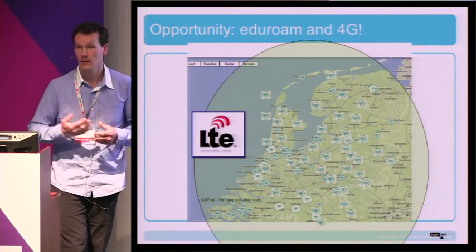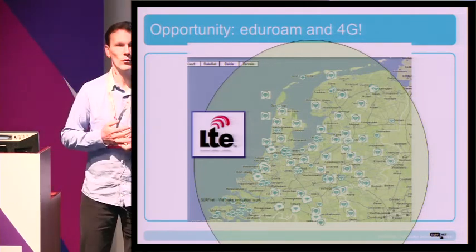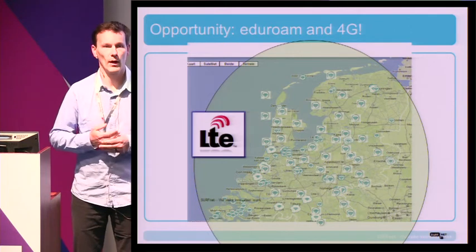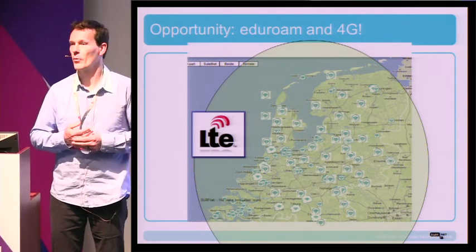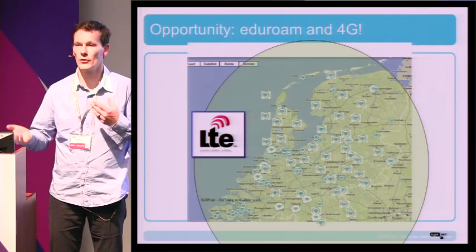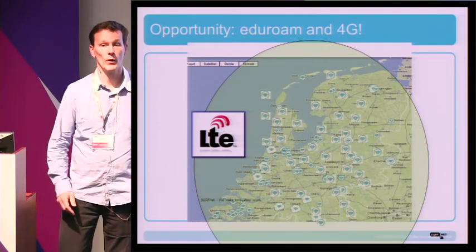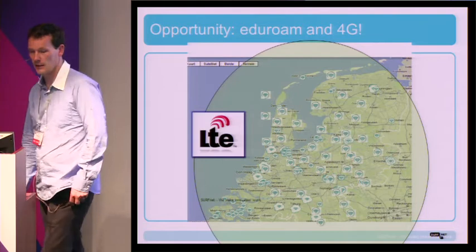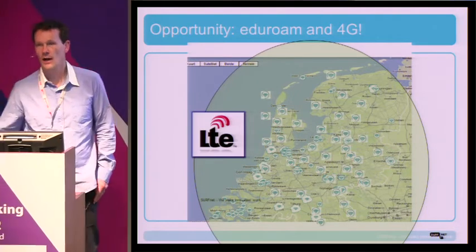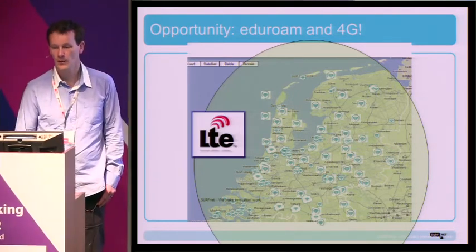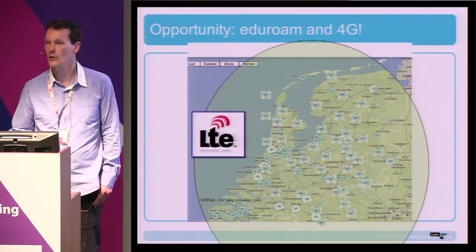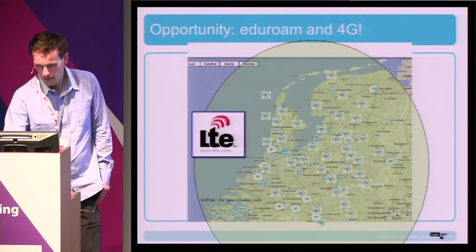Then we from SURFnet would have the idea that you would be everywhere, always online, and the cooperation between teachers and students would go everywhere virtually. So that's the idea which we have from the mobile team. If you can combine eduroam and 4G, that's the greatest thing to have.